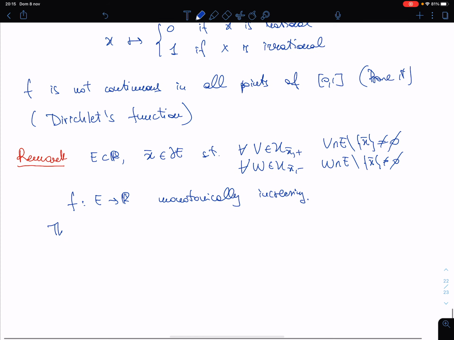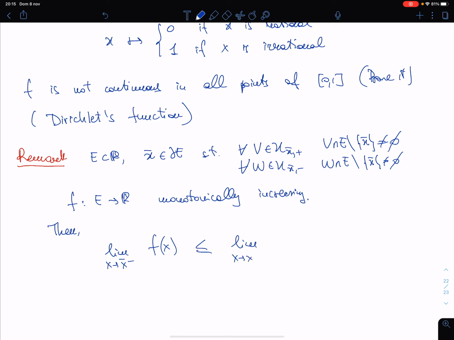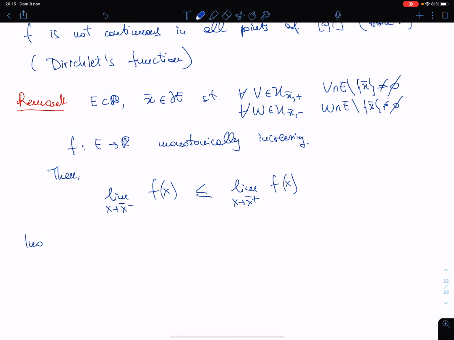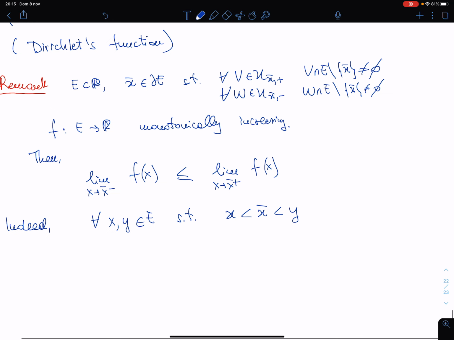Then the limit for X going to X bar from the left of f of X is not larger than the limit for X going to X bar from the right of f of X. Indeed, taking X, Y in E such that X is smaller than X bar, smaller than Y, by monotonicity we have f of X less or equal than f of Y.